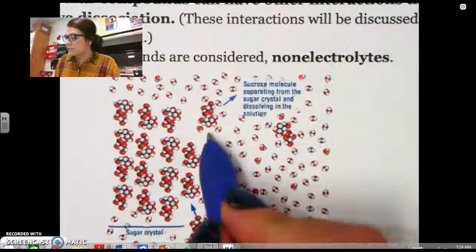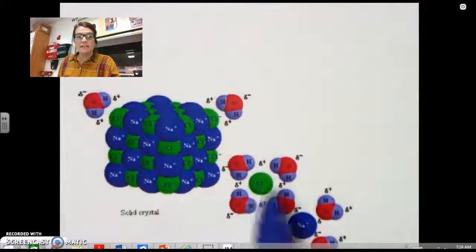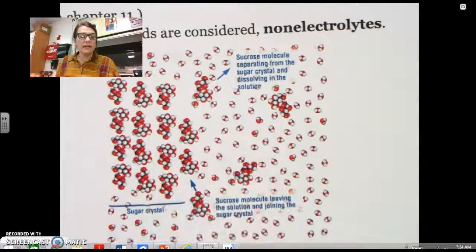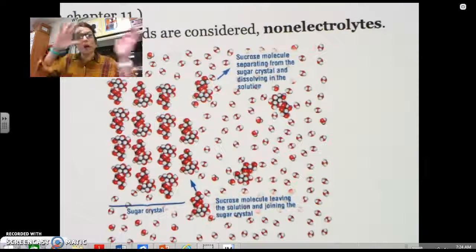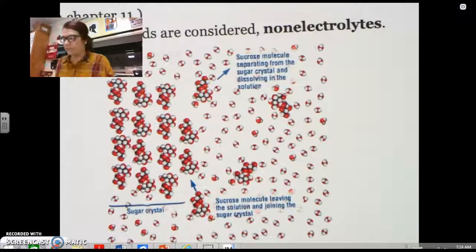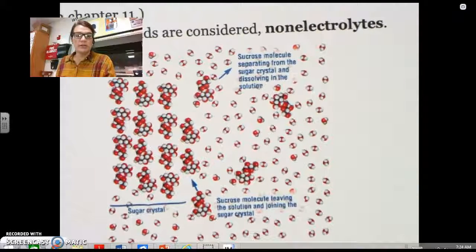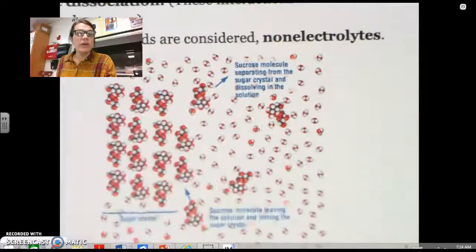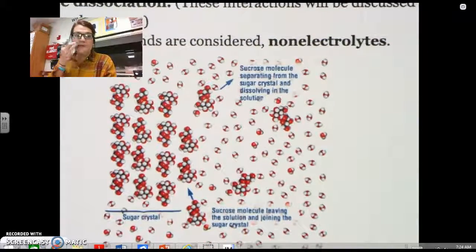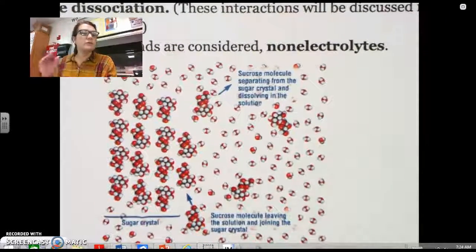This looks different than this one, right? Because you see the chlorine and the sodium separate. Down here, the molecular compound stays intact and the water just surrounds it to pull it away from the solid compound. So that's how covalent compounds dissolve, and that's why they're considered non-electrolytes, because there's no positive or negative charge present.